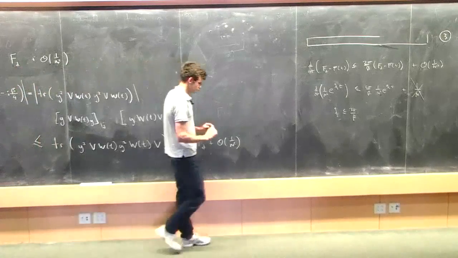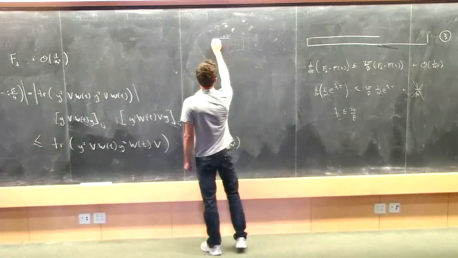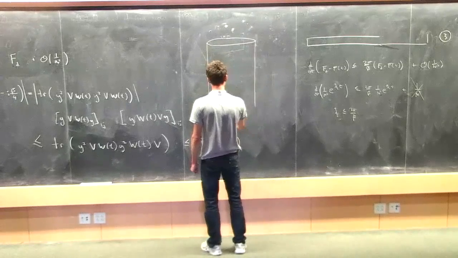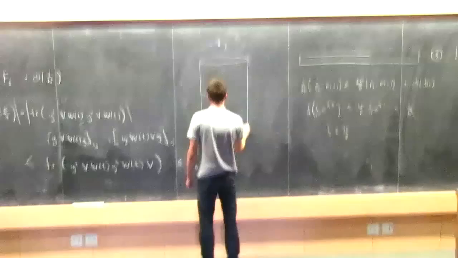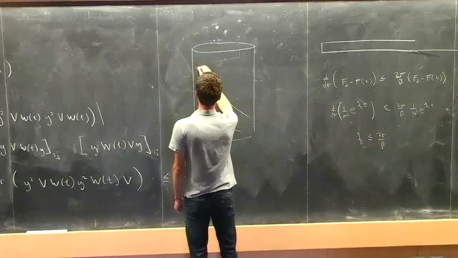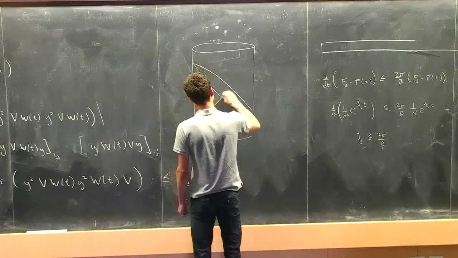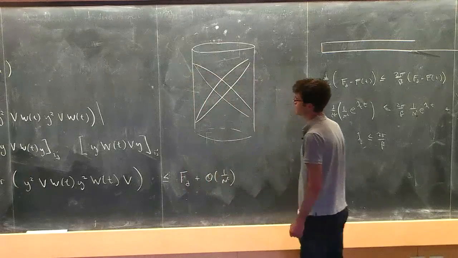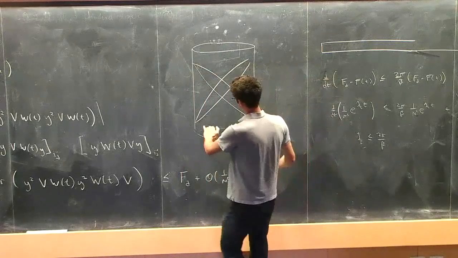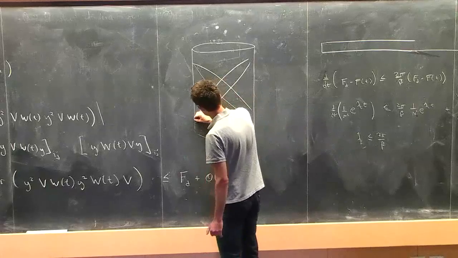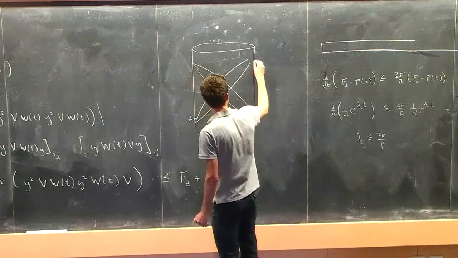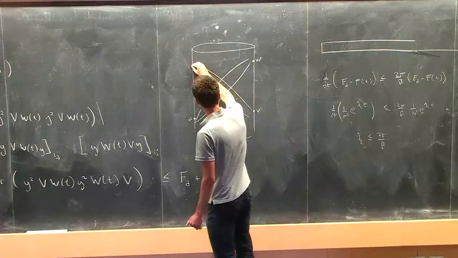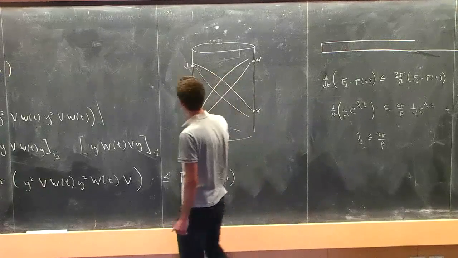This means that if we consider in AdS the Rindler AdS construction here, and we consider this quantity capital F. This is like a high-energy scattering problem in global AdS where we have a W operator here, a W operator here, a V operator here, and a V operator here.